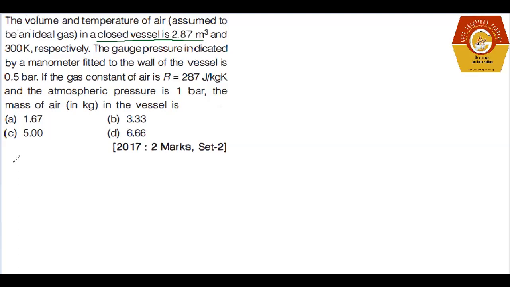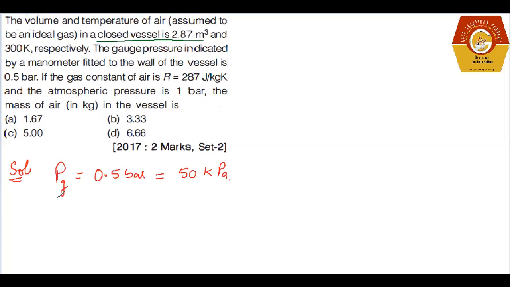Let's start this question. The solution, right? So let's first list out what data is given. The first data is the gauge pressure, defined as 0.5 bar. Let's convert it into kilopascals: it should be written as 50 kilopascal, right?